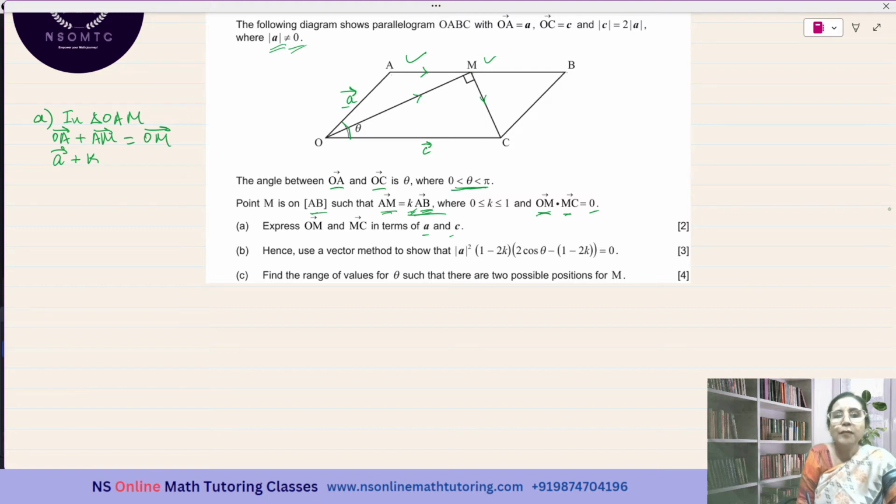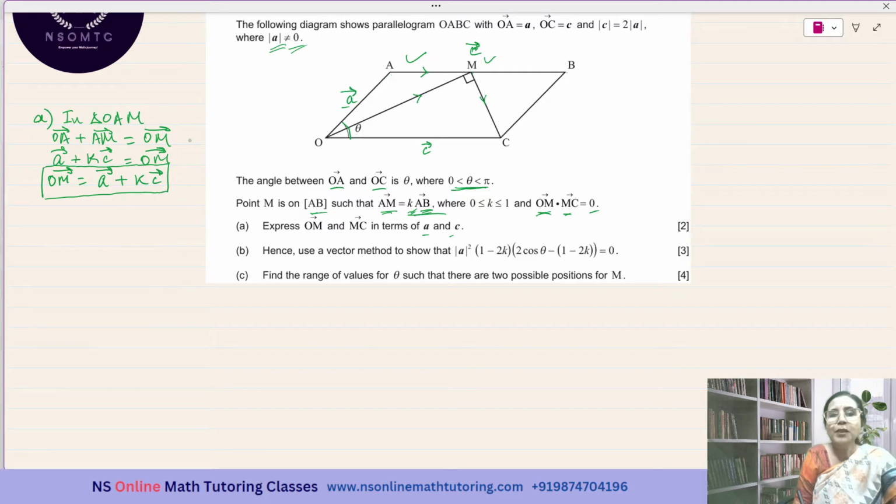AB vector is, because it is a parallelogram, I can write the c vector. We can take the c vector for the AB vector. So I can rewrite this and I can write OM vector is equal to a vector plus k times c vector. This is the answer for the OM vector expression.